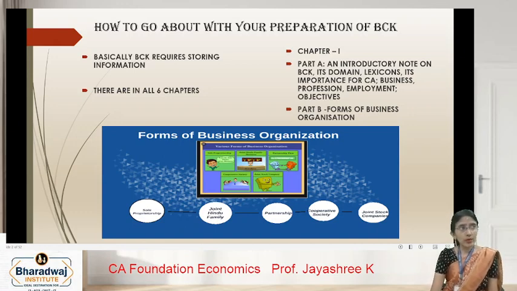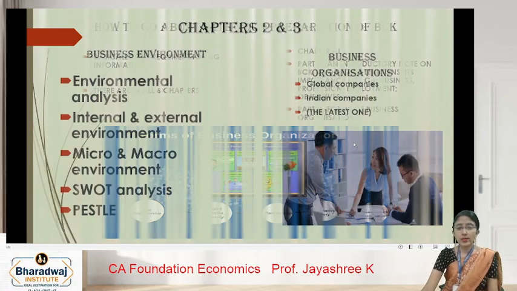You can follow Bharadwaj material, no harm. We have crystallized everything from your main institute material and given it to you in capsule form. Book back questions are one important thing, and we will be sharing some questions for BCK in your Google Drive.